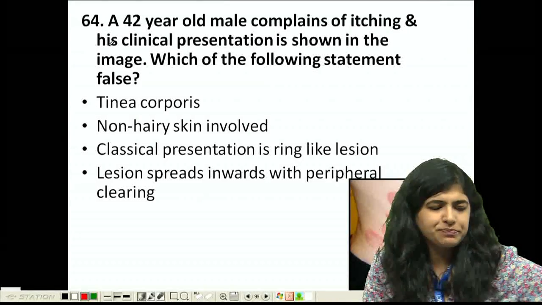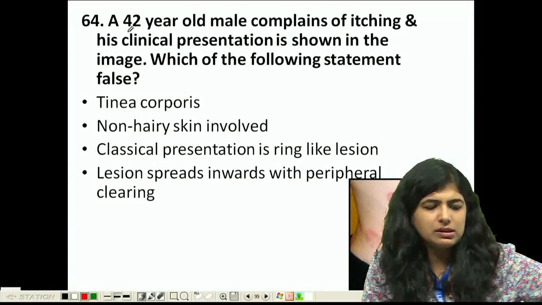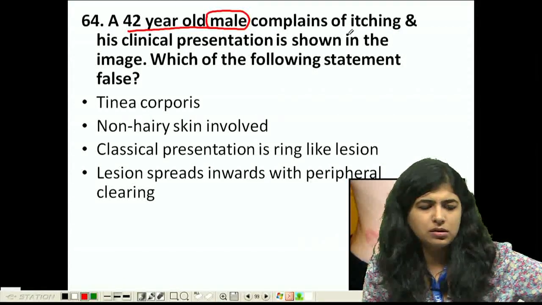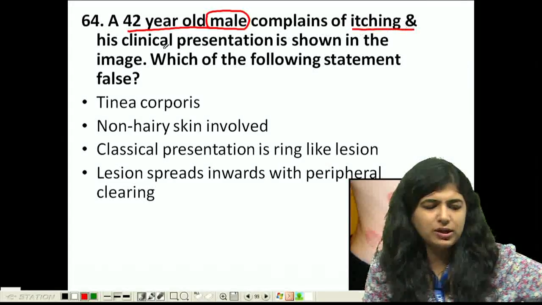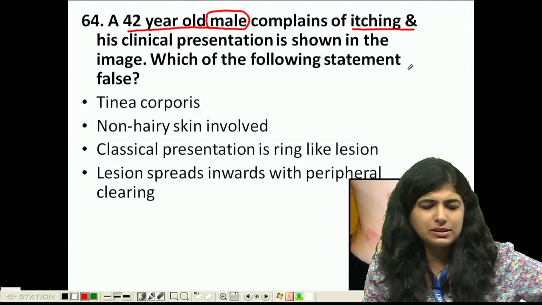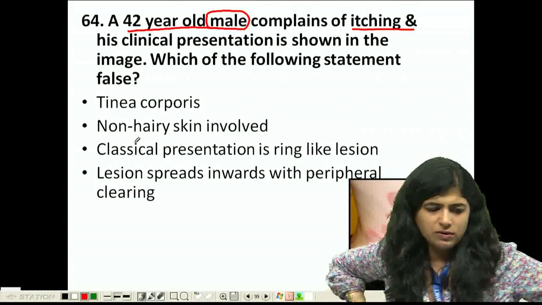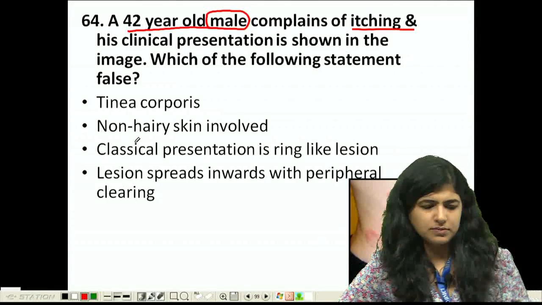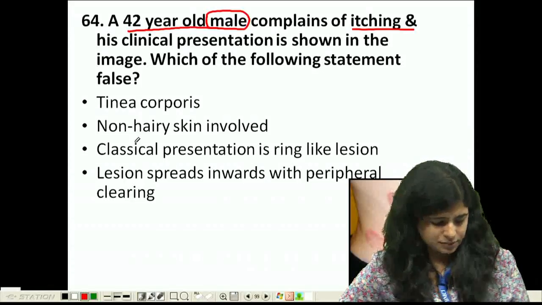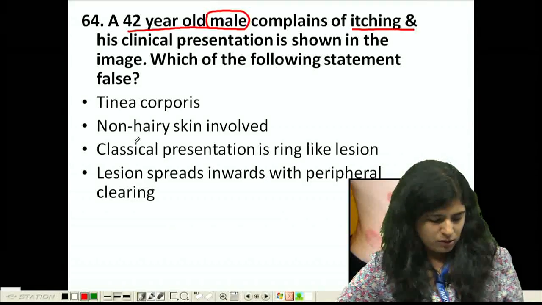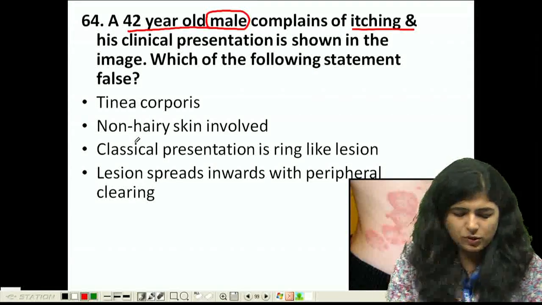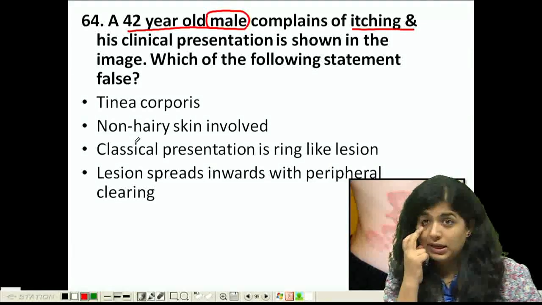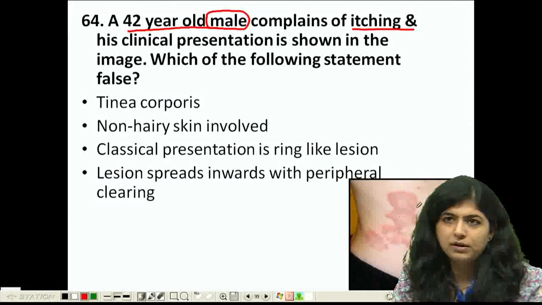Question number 64. Here this is a 42-year-old male, complains of itching. Clinical presentation is shown. Which of the following is false? Look at the image, tell me what the image tells you.